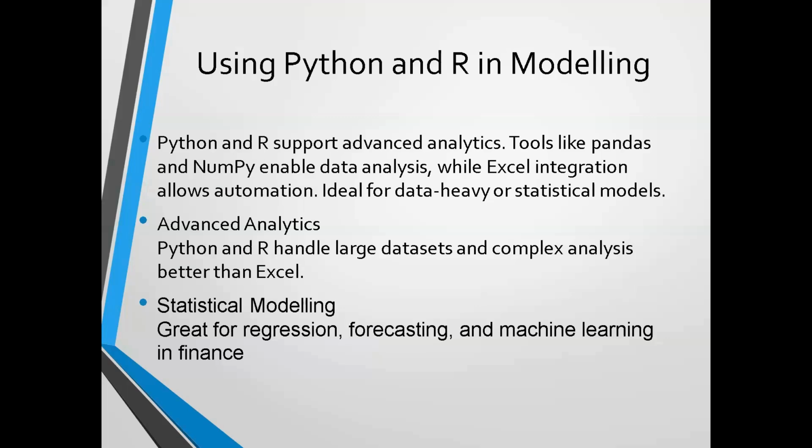Statistical modeling: great for regression, forecasting, and machine learning in finance. Python and R are very powerful tools for any heavy financial modeling task. They offer speed, automation, and advanced analytics, ideal for modern financial professionals.